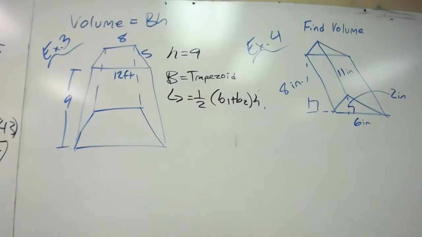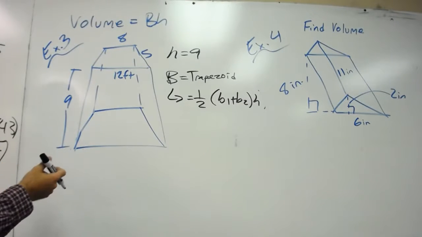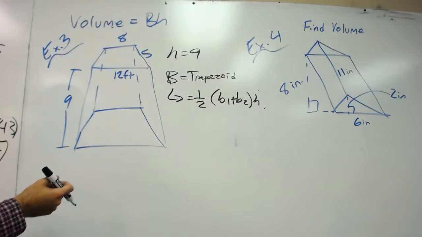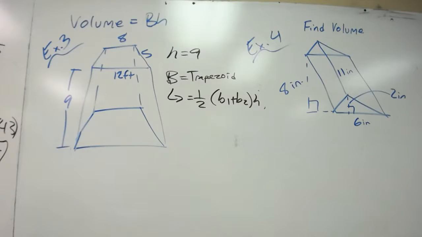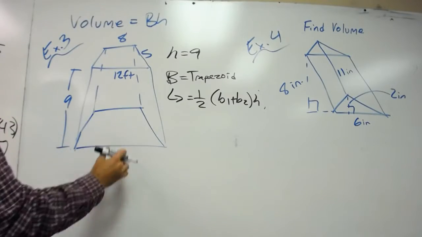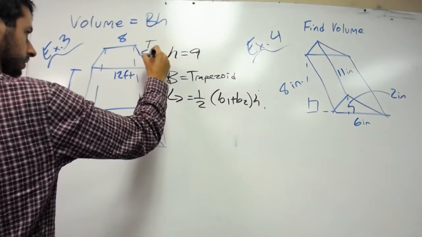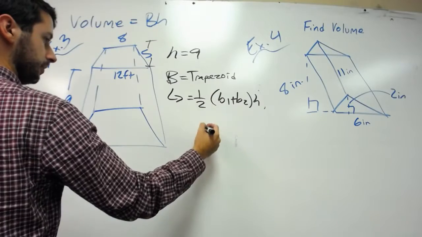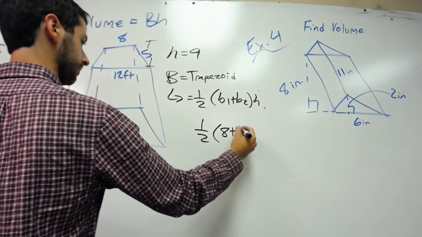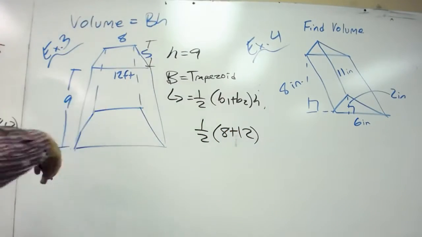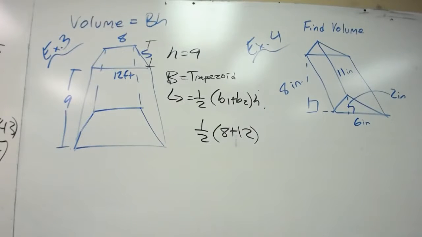And so then we plug in everything we know. 1/2 of, okay, one base is 8, one base is 12. And so we plug in 1/2 times 8 plus 12. Now our height, I know you can't see it very well in my drawing, but in the book it says your height is 5.